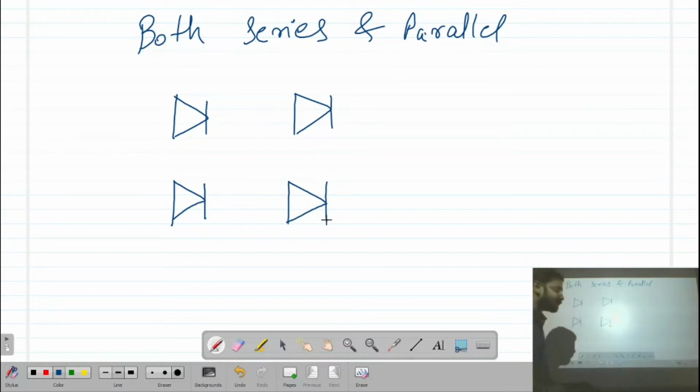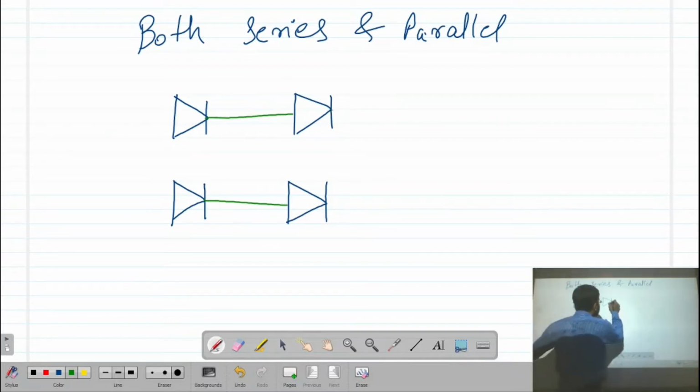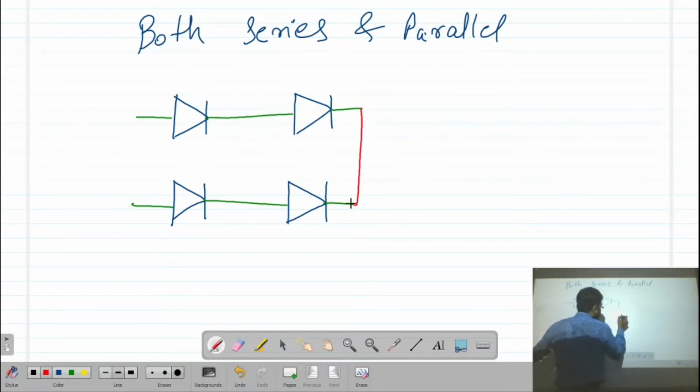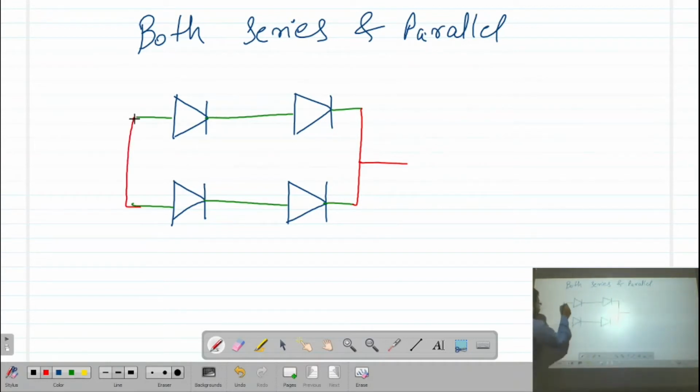Let us take 4 photovoltaic cells. Now this is being connected to this. This is being connected to this. This is nothing but the series connection, and let us connect both of them over here. So this is nothing but parallel connection.